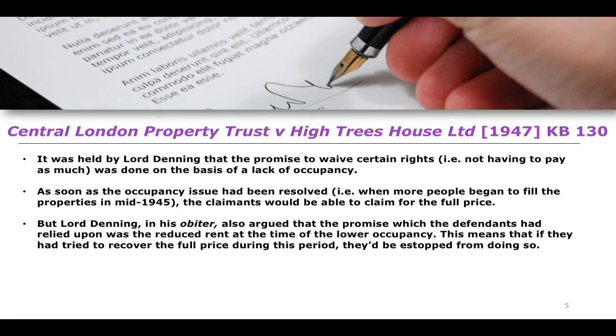So if they had said in this case, when they wanted to sue High Trees House Limited, that they actually wanted the full rate of rent for the entirety of the period, all the way from January 1940, through the Second World War and then past to 1947, then they would be stopped from doing so, because the reason why this promise was in place in the first place was because of the reduced rent at the time of lower occupancy.